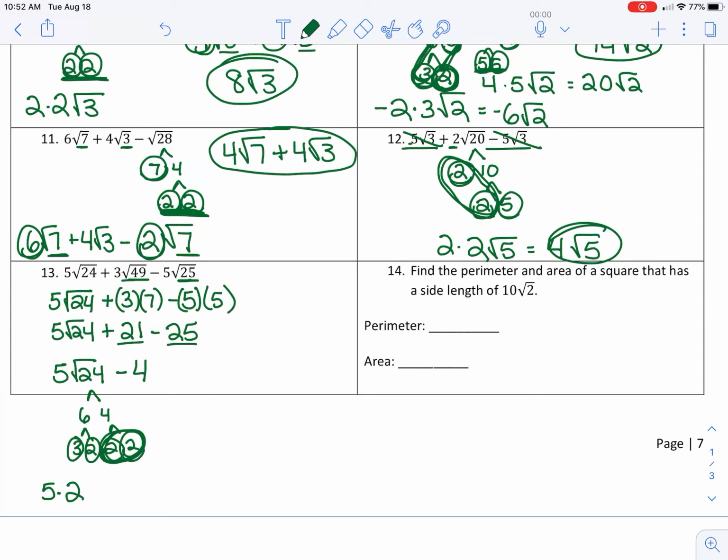So I'm going to bring one of those pairs out. And then I have a loner 3 and I have a loner 2. So both of those stay underneath the radical and get multiplied together. Okay, so I end up with 5 times 2 gives me 10. 3 times 2 gives me 6. So 10 root 6. And don't forget about that negative 4 you had out here. So minus 4.